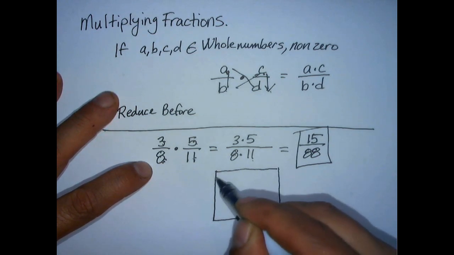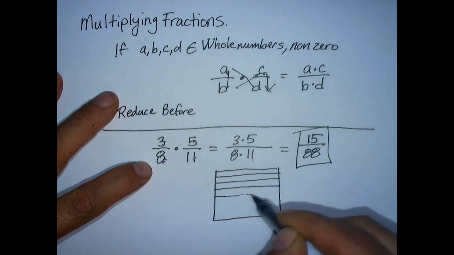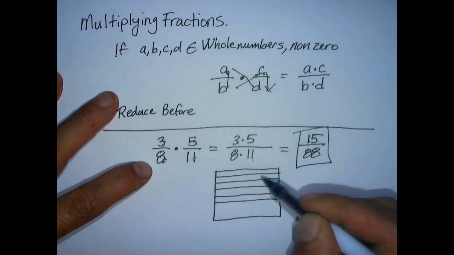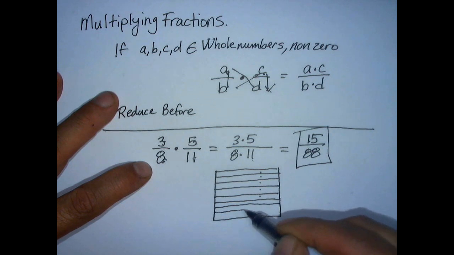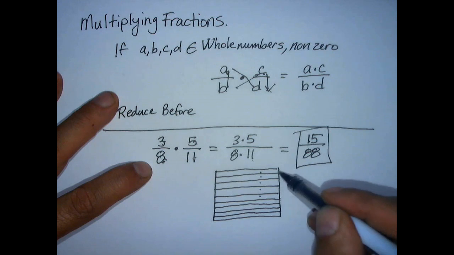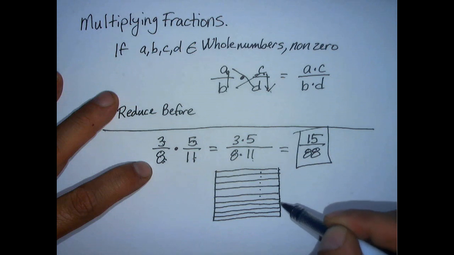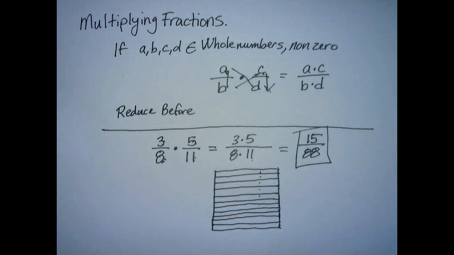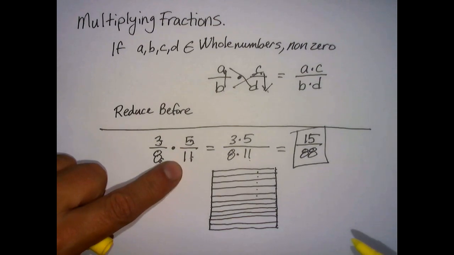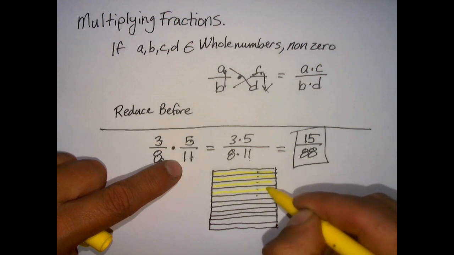So, bear with my drawing. 1, 2, 3, 4, 5, 6, 7, 8. 1, 2, 3, 4. 1, 2, 3, 4, 5, 6, 7, 8, 9, 10, 11. Okay. So I'm going to use 5/11s here. So this is 1, 2, 3, 4, 5.